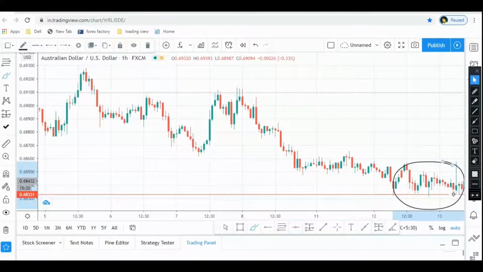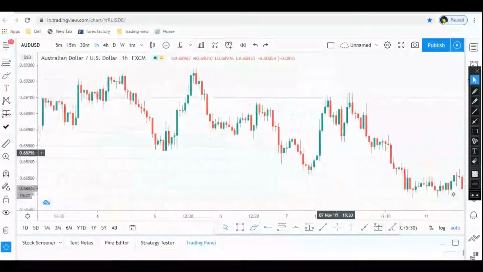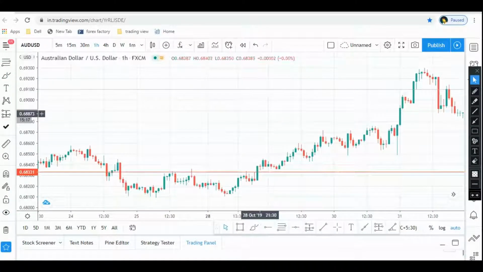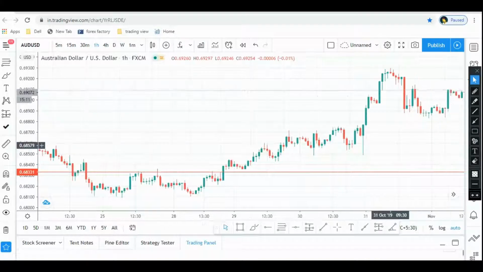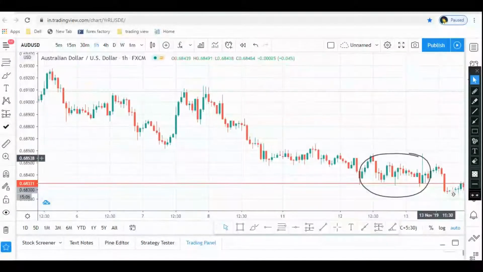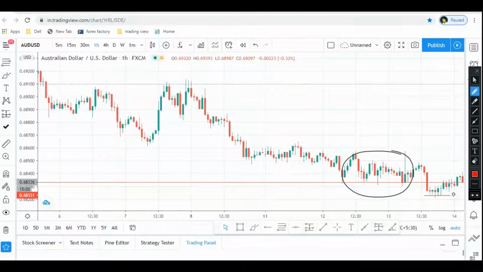Now I have to find a nearest resistance to this area. Did you see exactly this area acted as a resistance? So what I will do, I will simply place a sell order in this area after the breakout. Once the price has reached, I have to close my trade at this area.